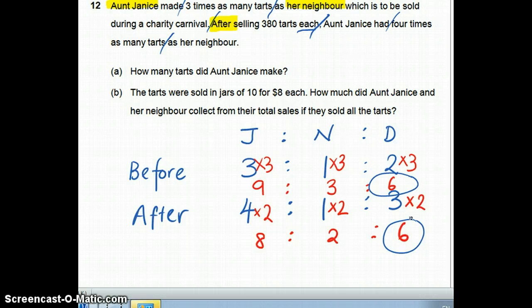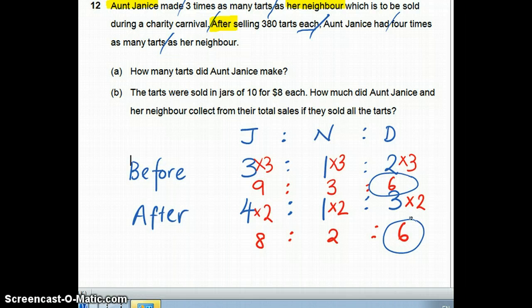And then, because they are all in the same and equal units now, I can compare the number of units represented by Aunt Janice's tarts to the number of units represented by the neighbor's number of tarts.